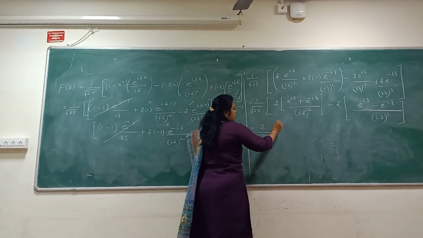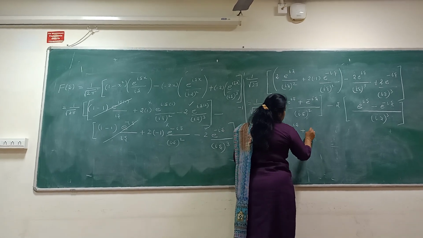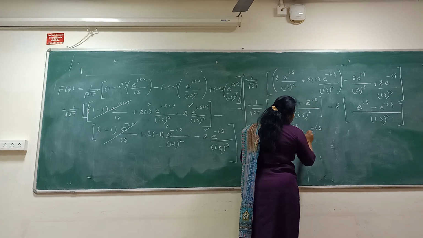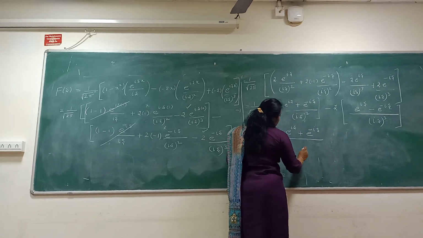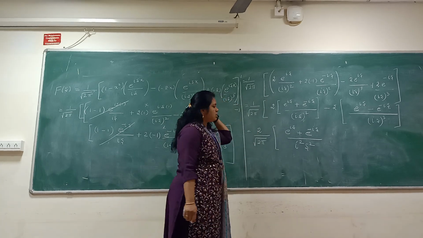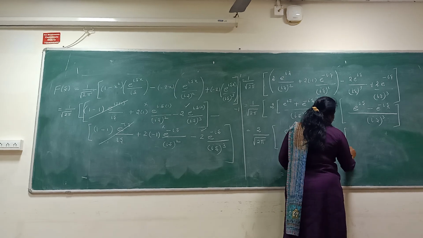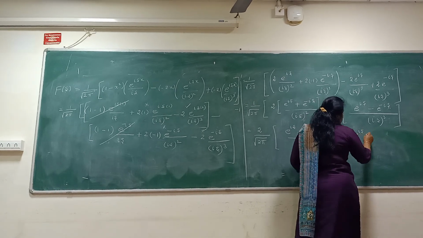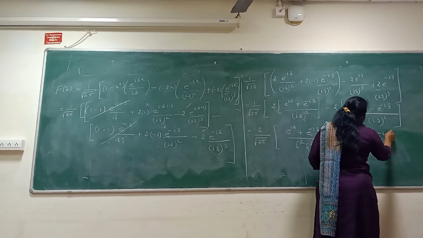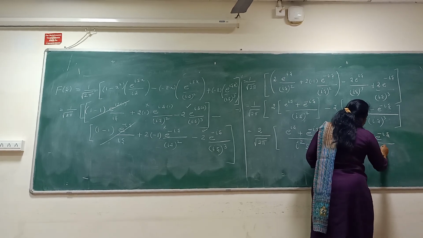Now what are the terms left out here? e to the power is plus e to the power minus is divided by i square s square, because just squaring the term, minus 2 into e to the power is minus e to the power minus is divided by i cube s cube.